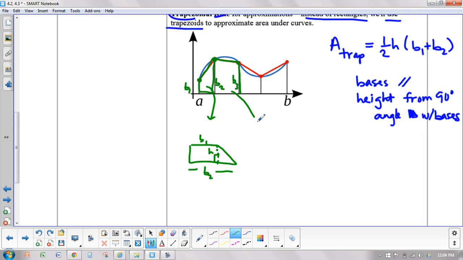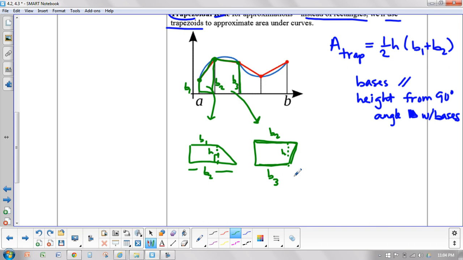And so if you folded that one down, you would end up with this kind of shape. I apologize for my wonderful drawing skills on this board. But these sides are parallel. This would be your B2, and this would be your B3. And here's your height from your 90. Okay.